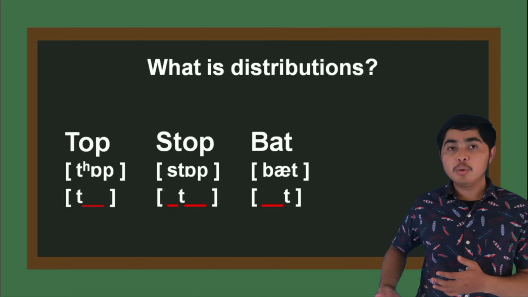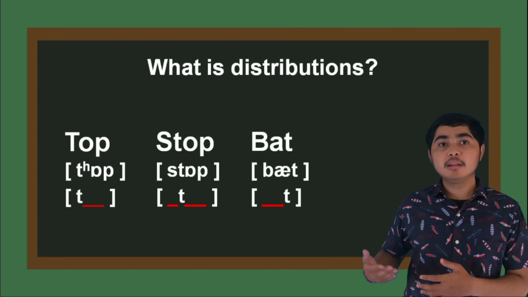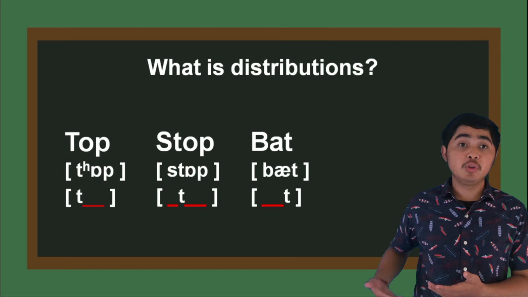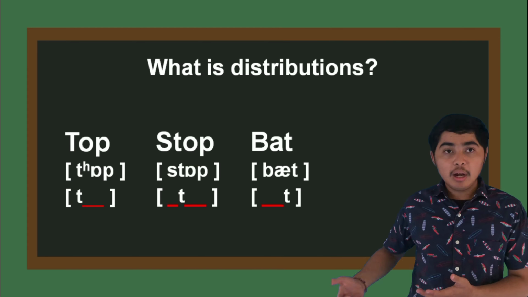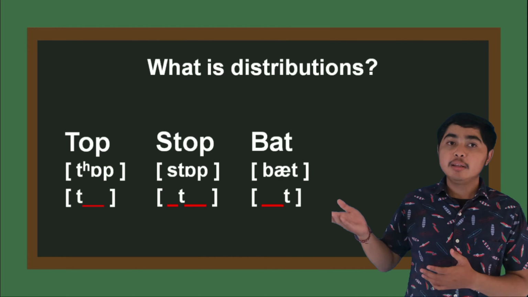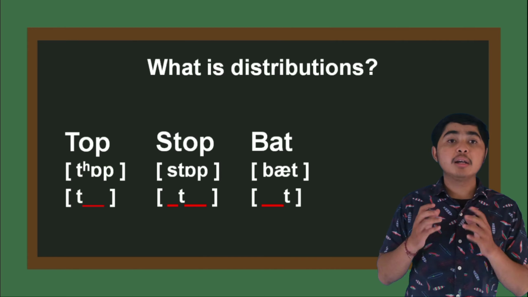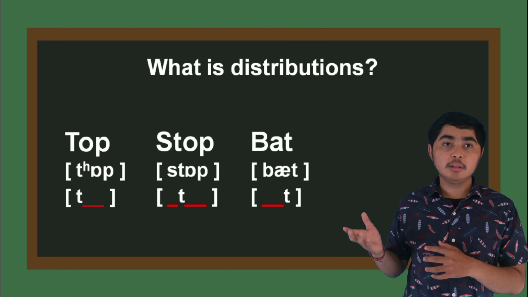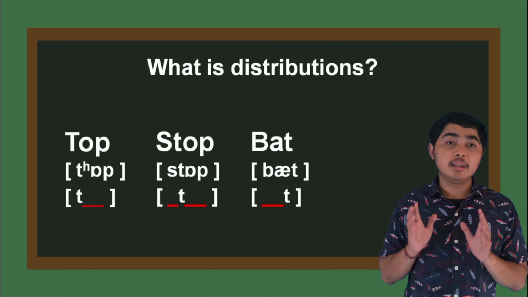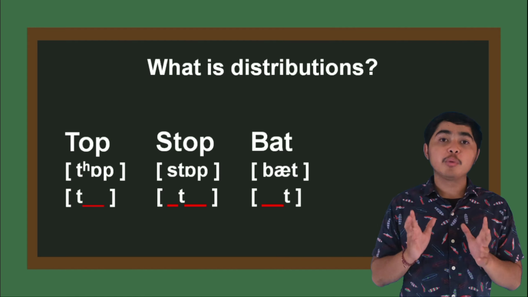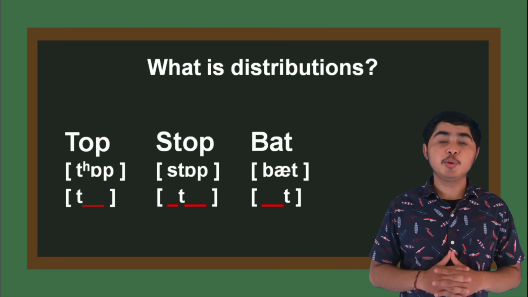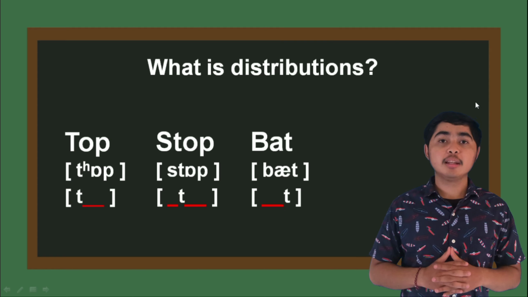So this lowest row is the image of what distribution is. From this distribution, we can make a generalization that whenever this phoneme occurs in word initial position, it is aspirated, and elsewhere it is not. That is what we call distribution. So let's proceed to the next slide.